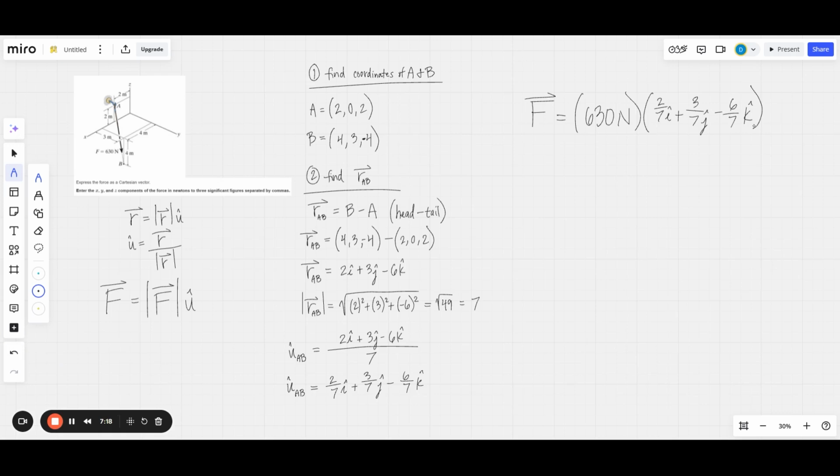And so I'm going to multiply 630 times each component, and that will give me 180i plus 270j, 630 times negative 6 over 7, and that gives me negative 540k. And that's all in newtons.